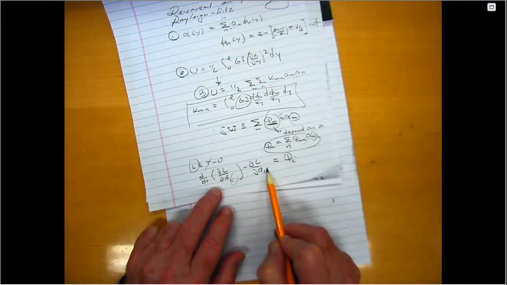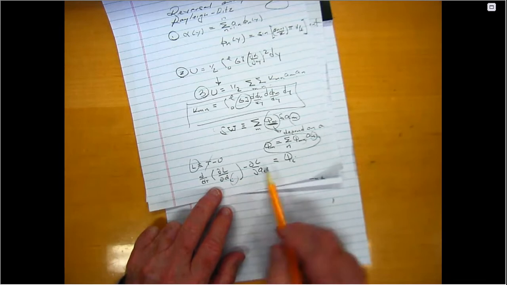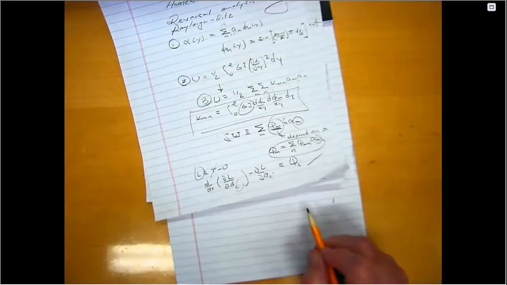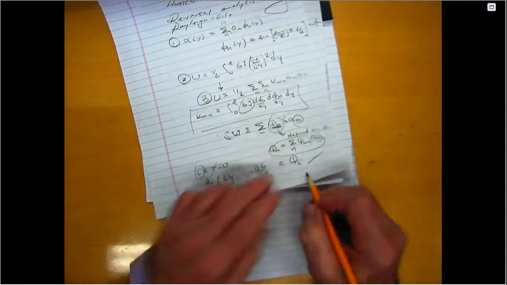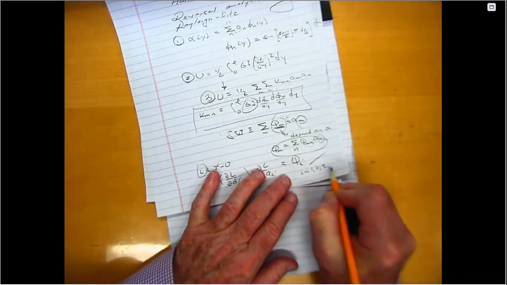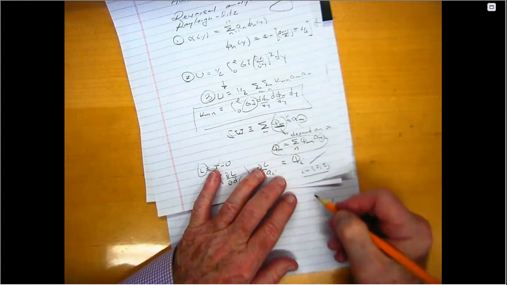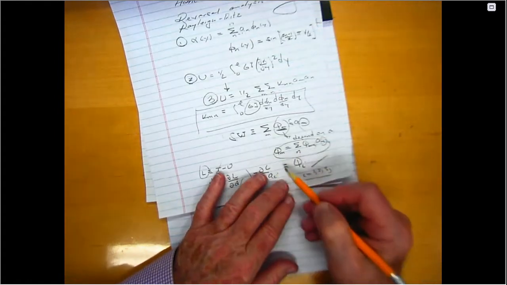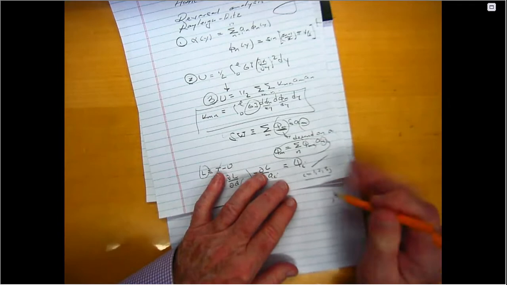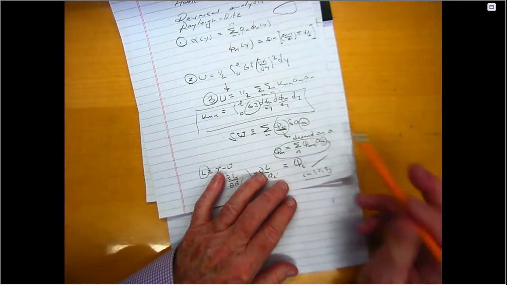Once I do all of this methodology, this set of equations will give me, for as many modes as I have, say i equals 1, 2, maybe 3 even, 3 equations to determine a sub 1, a sub 2, and a sub 3 in terms of delta. Then it will be 3 linear algebraic equations.